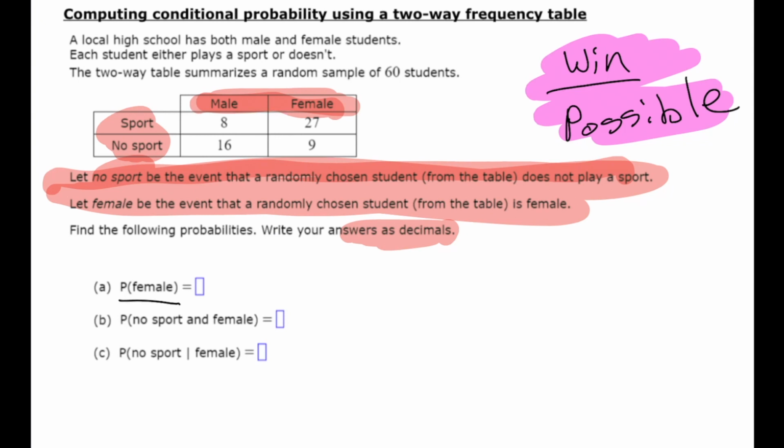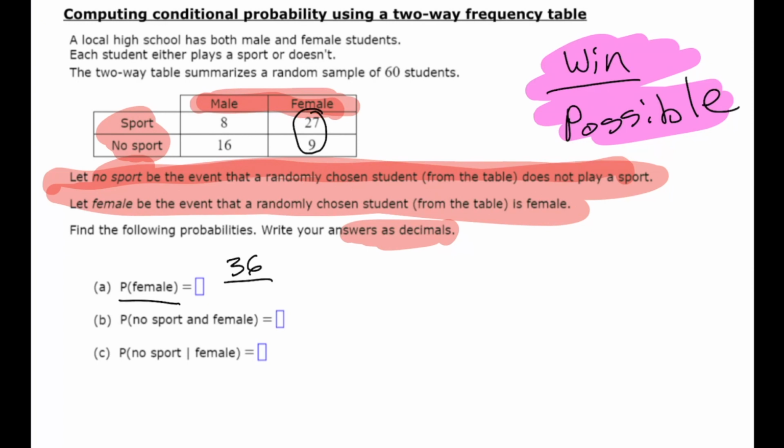The first one says we need the probability of randomly selecting a student from our two-way frequency table. If we randomly select a student, we need it to be a female. A female would be considered a win if we randomly selected one. So if we're doing win over possible, and I see that we have 27 females that play a sport and 9 females that don't play a sport, that means we have a total of 36 females.